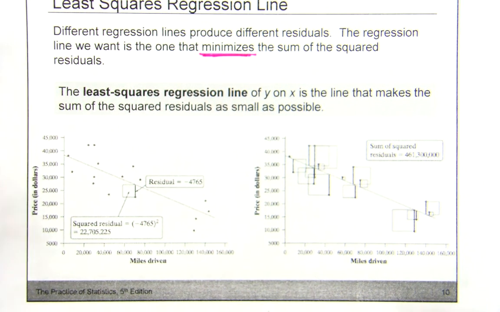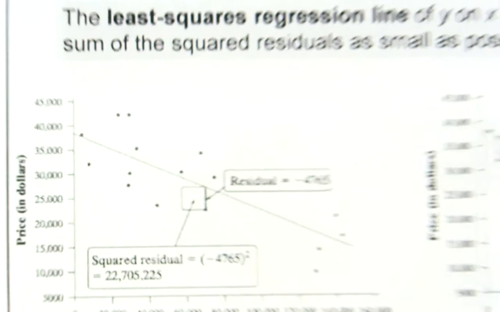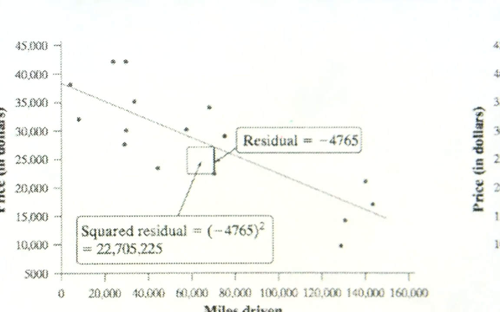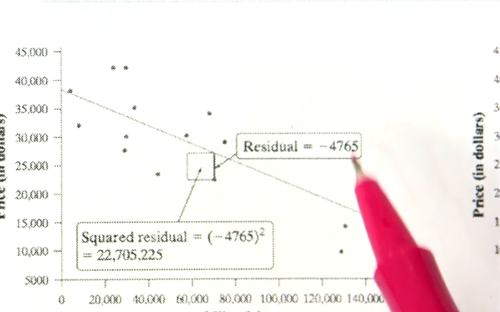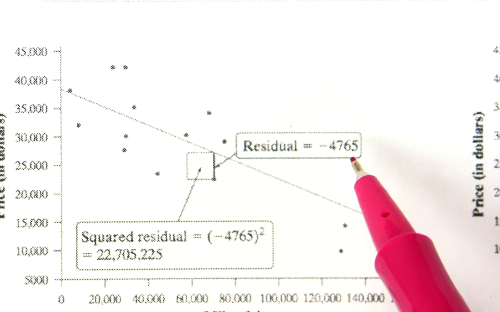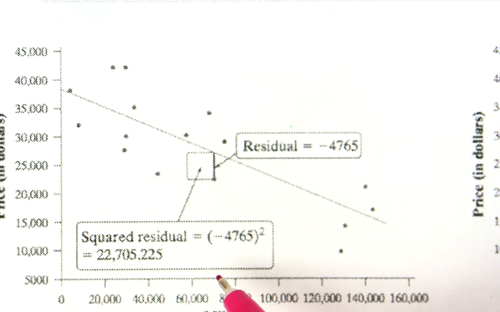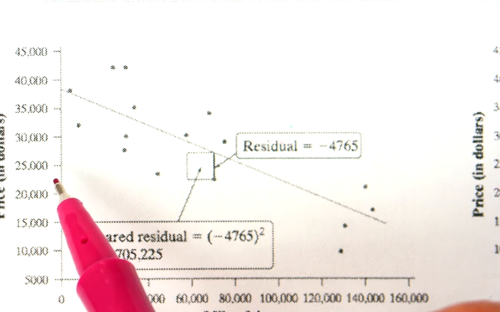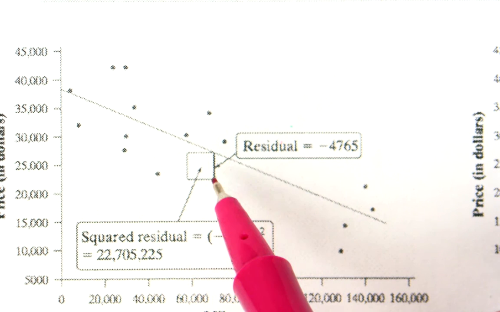And what it's doing is this part right here. Each of these dots is going to give you a residual, right? So on the last one it was around 4,765. A truck with around 70,000 miles sold for around 21,000, so it came under what the predicted price was.